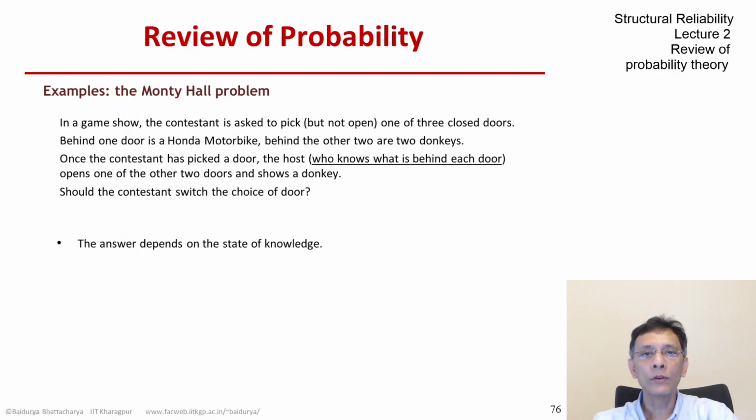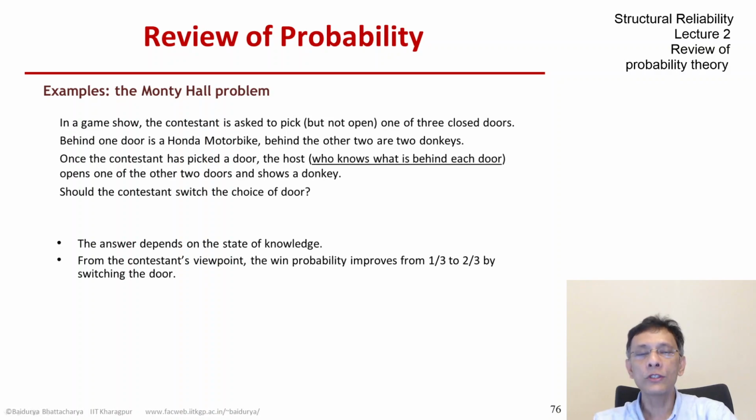So we are now invoking the third definition of probability here. The contestant who knows the rules and knows that the host will only open a door with the donkey behind it, if you do the math, with that piece of knowledge, the probability was 1/3, and now it increases to 2/3.